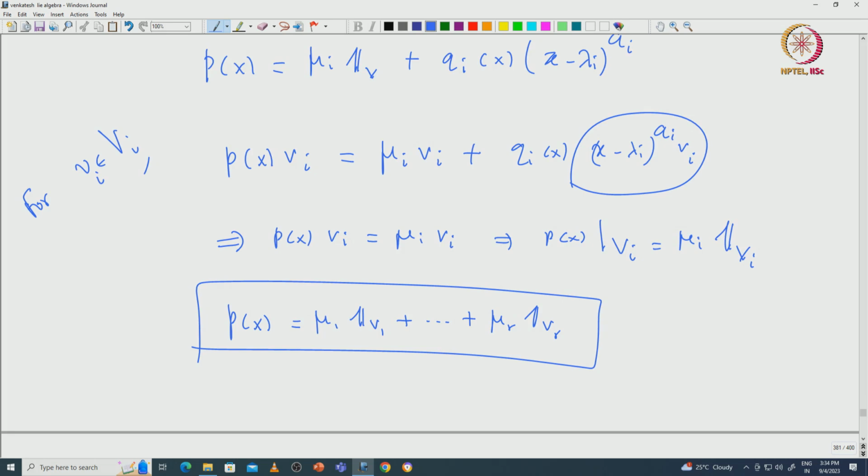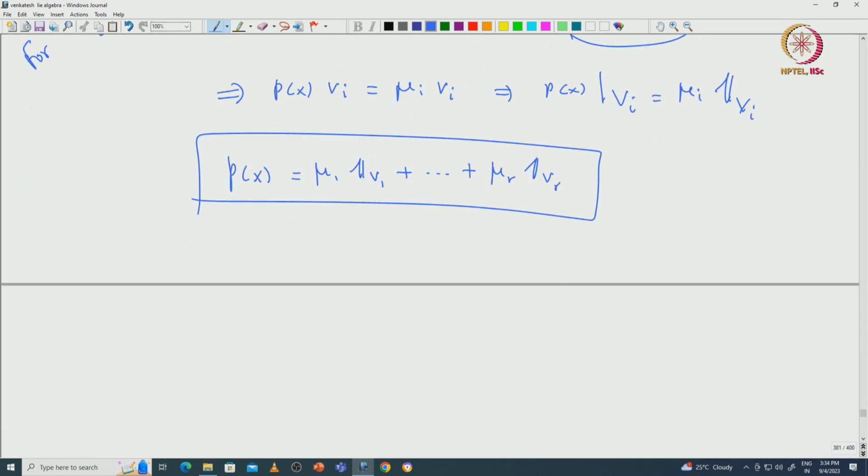In particular, if you take a basis of each capital V_i, take the disjoint union of those bases, and then write down the matrix of P(x) with respect to that basis, the matrix will look like this diagonal matrix: μ_1 identity on V_1, etcetera, μ_r identity on V_r.